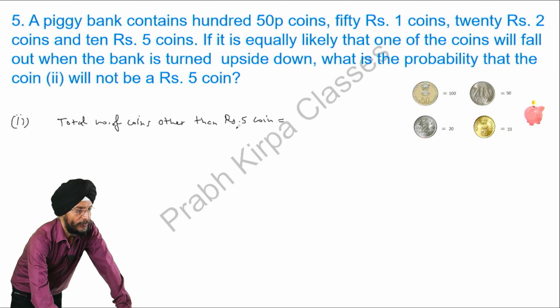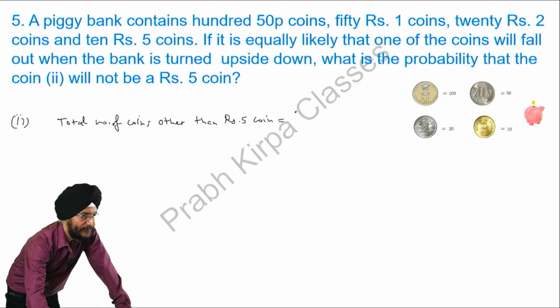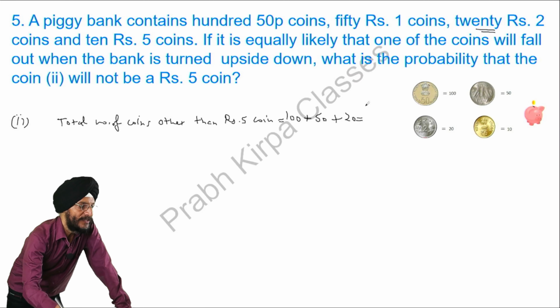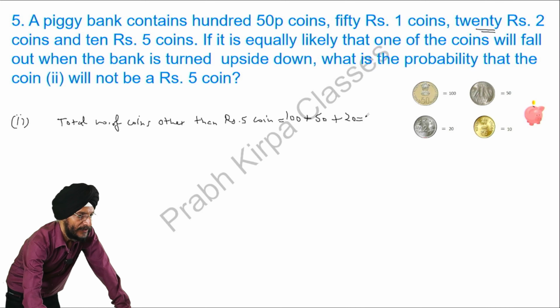What is the total number of coins other than 5? Other than 5 are 100 50 paisa coins, 50 1 rupee coins, and 20 2 rupee coins. So all the coins other than rupee 5 are 170.